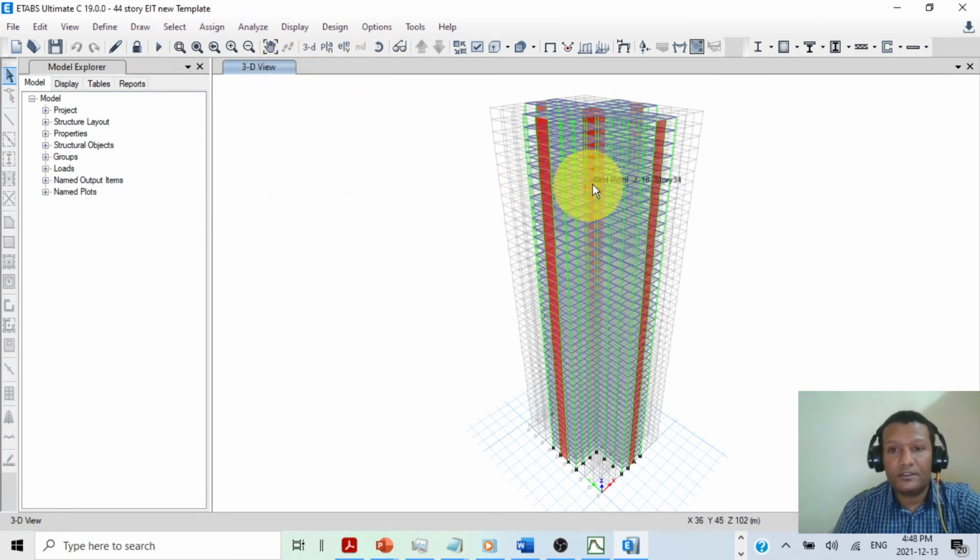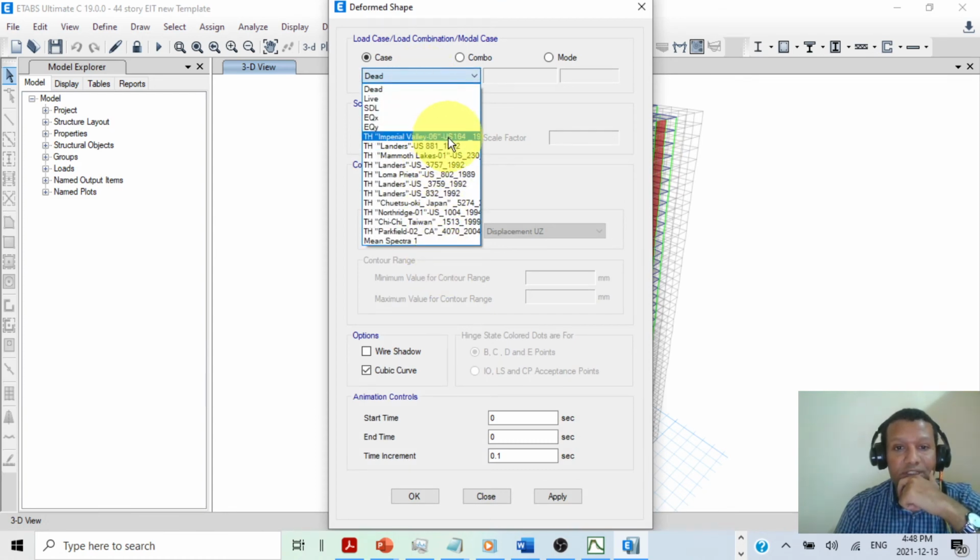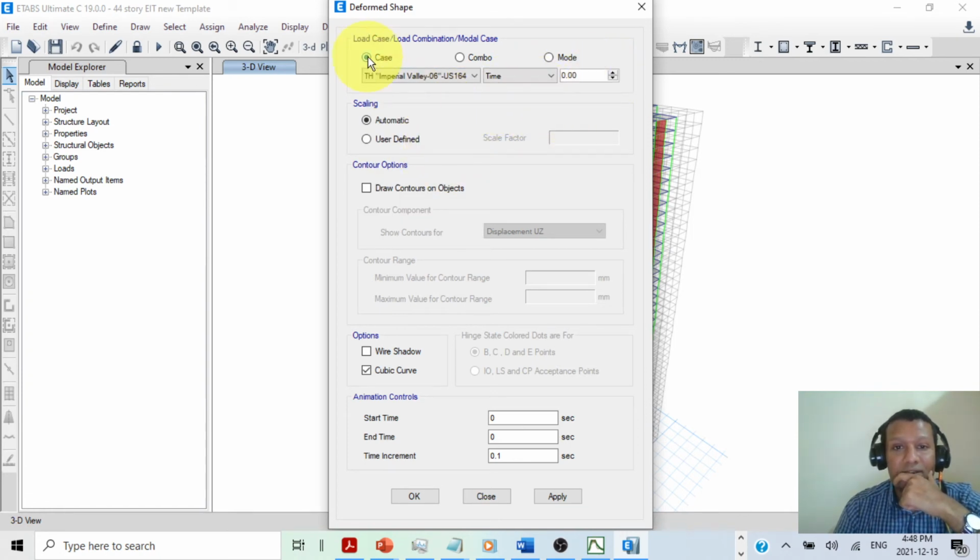So for our 44-story building, for example, load, you can choose any, for example, Landers or the mean spectra or whatever you can choose here. This is the load case, the time maximum or whatever, or for example at 10 seconds, what was the start time, for example. Okay, apply.